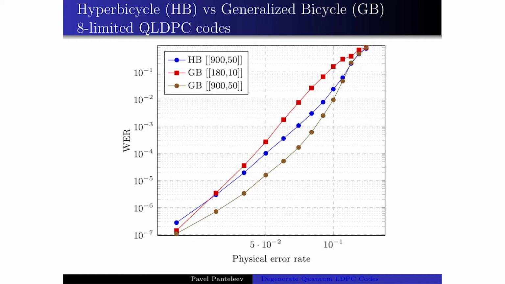So it's 8 times fewer physical qubits. And you can see that it performs almost the same under this new BP-OSD decoder as, for example, the hyperbicycle code, which is also quite good.